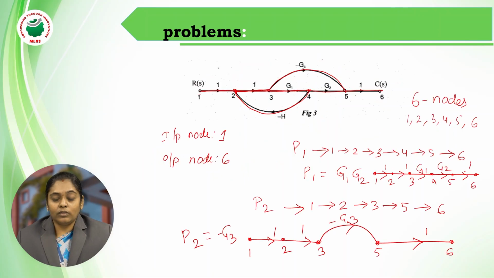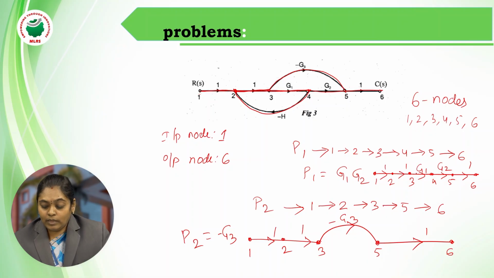In order to find delta 1 and delta 2, see the forward path P1. As it is covering all the 6 nodes, do you have any loop which is not touching any node? As it is covering all the nodes, delta 1 is equal to 1. But if you observe path 2, node 4 is a missing node.